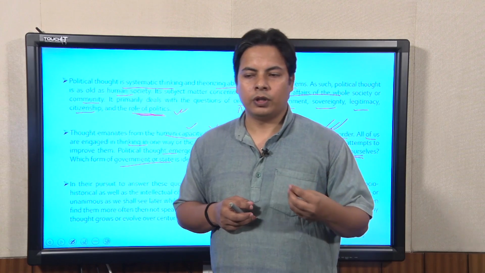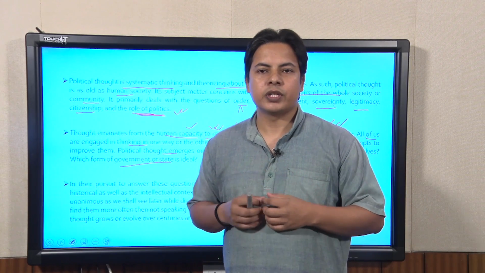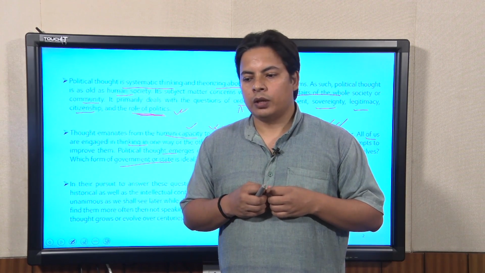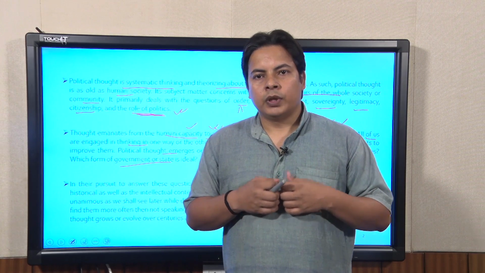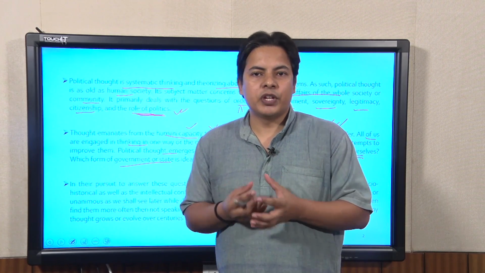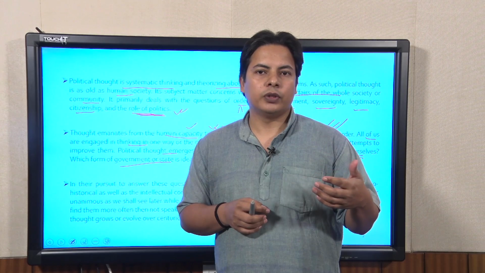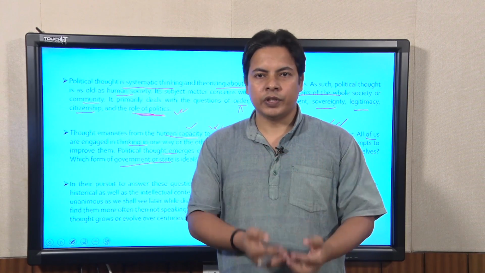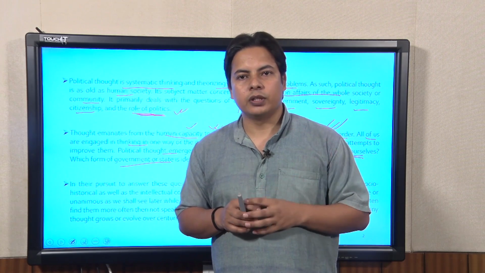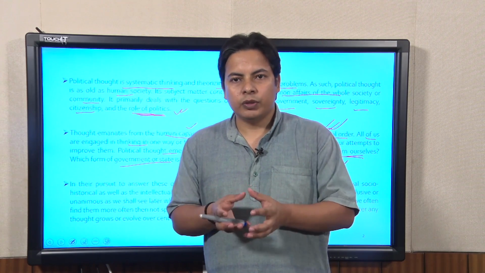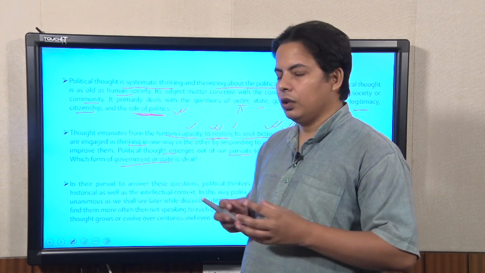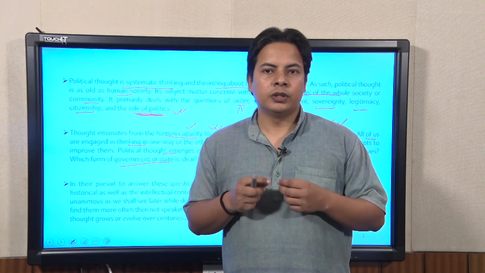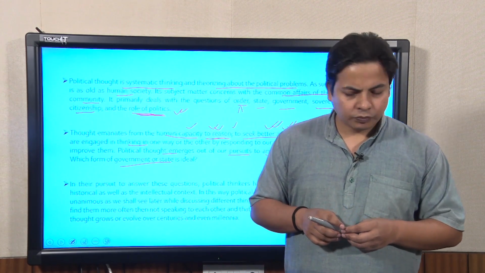But this question of how to govern oneself, which form, whether monarchy, democracy or elite rule, is the most suitable, or which form of control is desirable, and when we should resist the control of the state or the authority, is the central concern in political theorization and thinking.